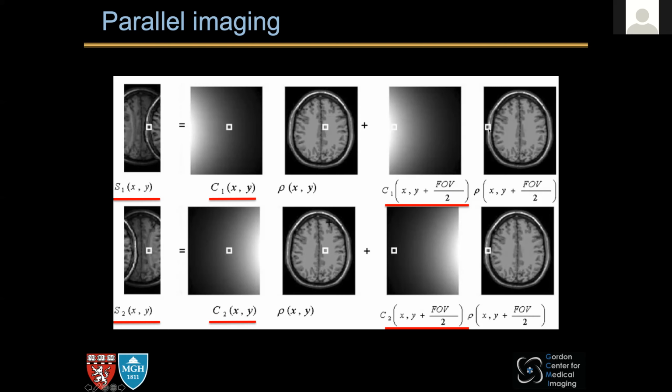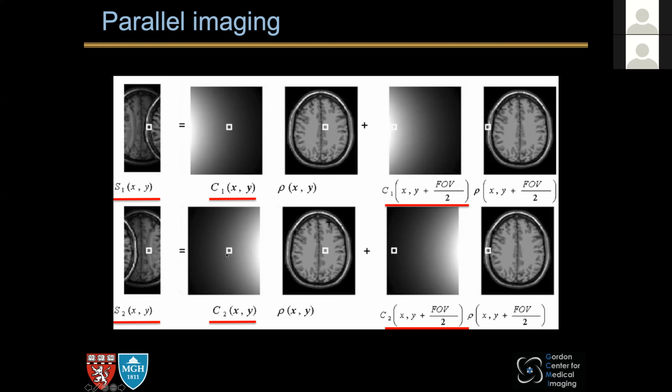at this position. For different coils, since we know the coil sensitivity information, the reconstructed image for the first coil is the sum of the aliased voxel multiplied by the coil sensitivity at this position, plus the other aliased voxel at its position with the corresponding sensitivity map. Similarly, we have an equation for the second coil.